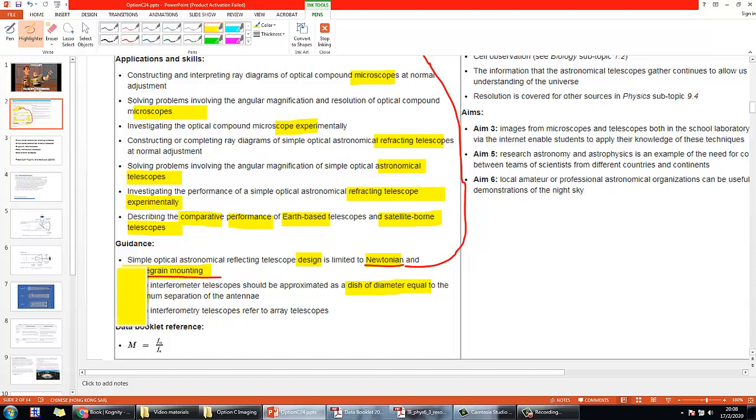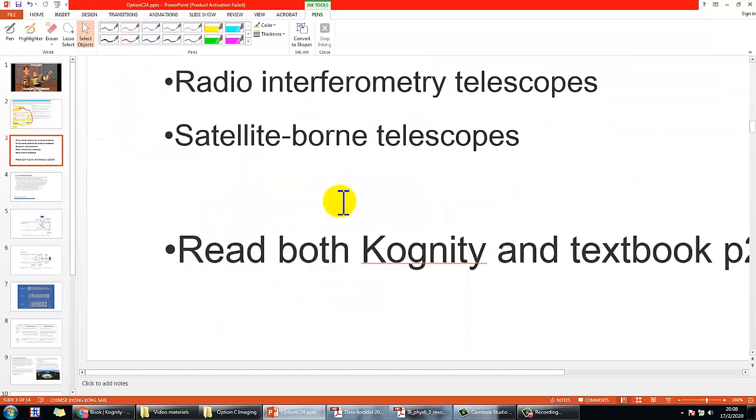Later on we'll talk about it in the equation. And it will simply be an array of telescopes. There isn't any equation from the data booklet that is related to this video, but there is one equation you need, and I'll explain later on.